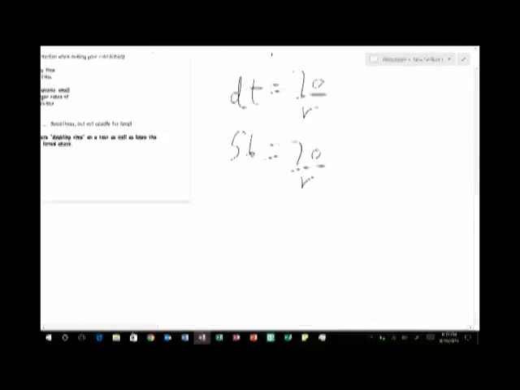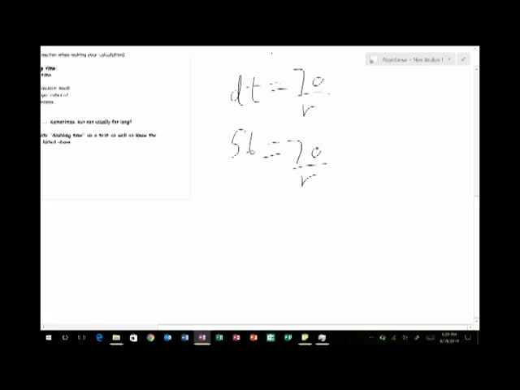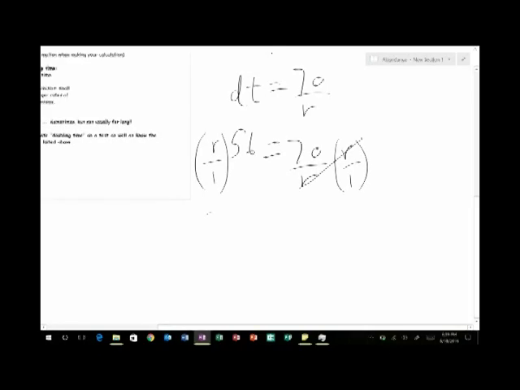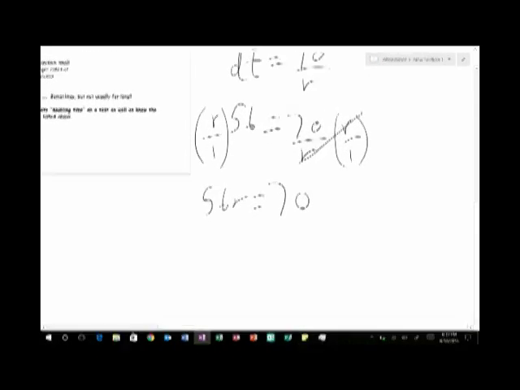So we're going to multiply both sides by r. And what we're left with is 56r equals 70. Remember that we can move the r from in front of or behind using the commutative property. So we have 56r equals 70.